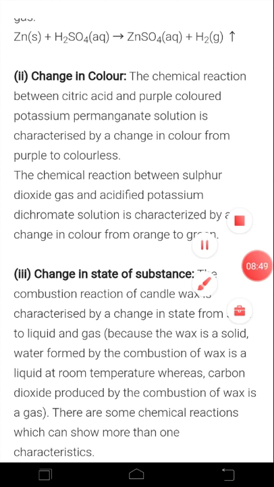There are some chemical reactions which can show more than one characteristic. So when we take wax, which is a solid, it is formed into liquid at room temperature. So these are the change in state.